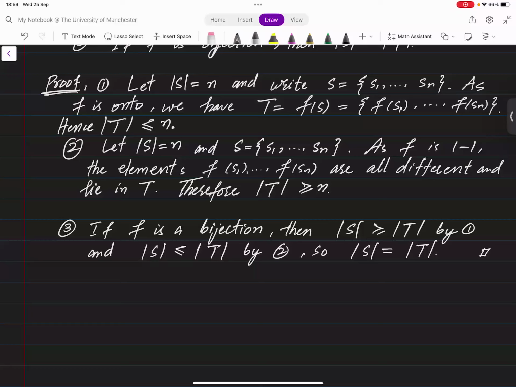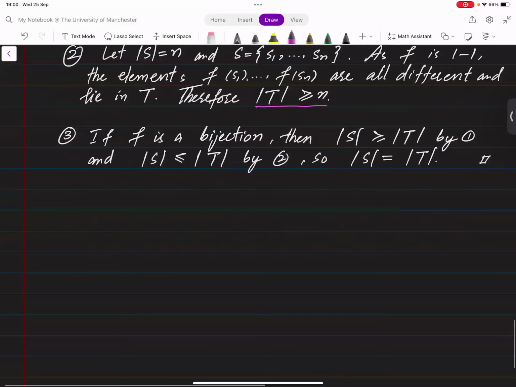Now you can see that part 2 of this proposition implies that order of T is greater than or equal to n, where n was the order of S. So if order of S were greater than order of T, then there is no one-to-one function from S to T. So this is just a remark.